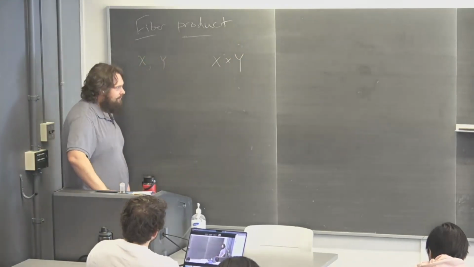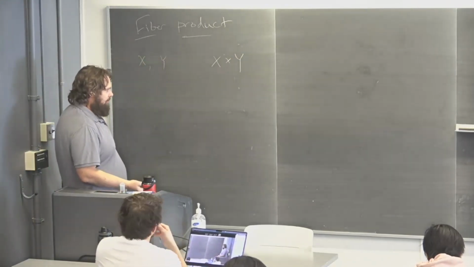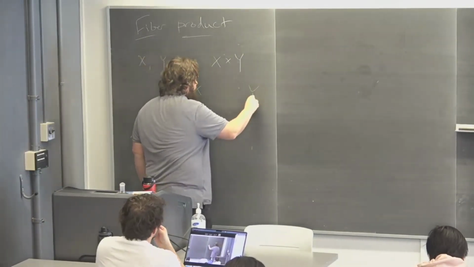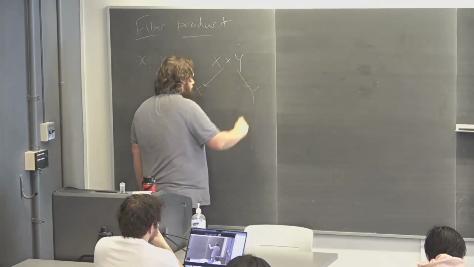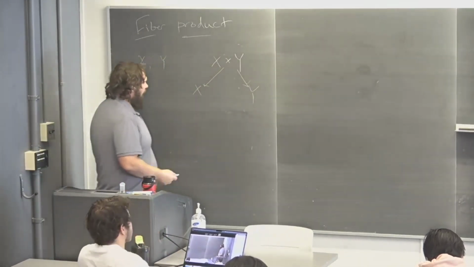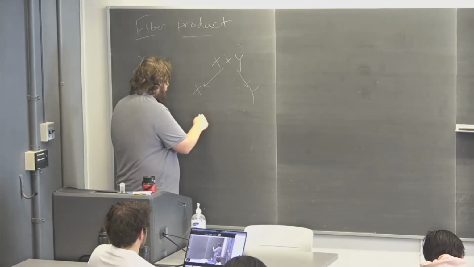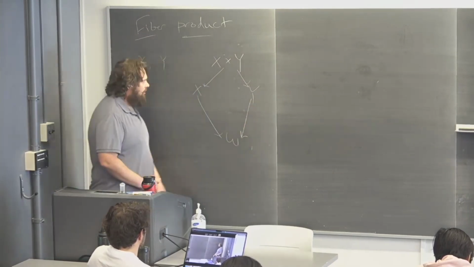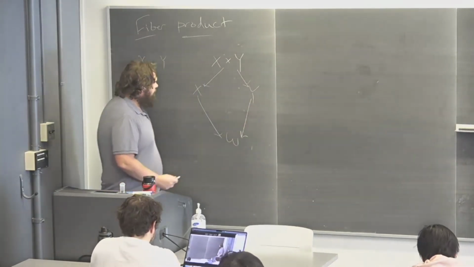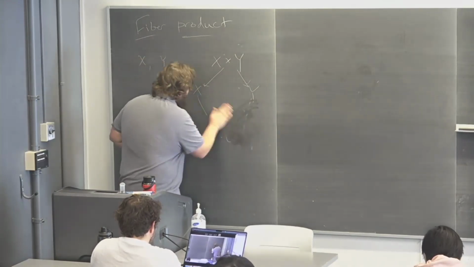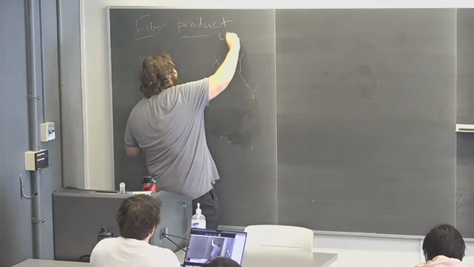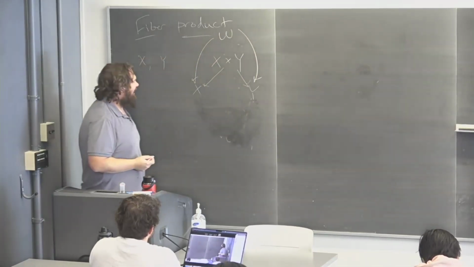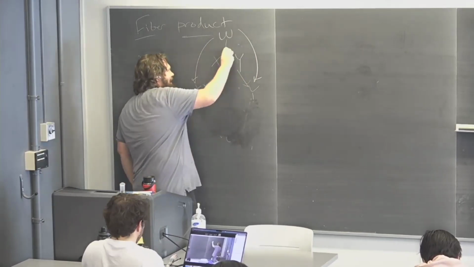In categorical terms, this is a product in the sense that there are projection maps to X and Y. If I have W mapping into X and Y, then just taking ordered pairs gives me a map into here.